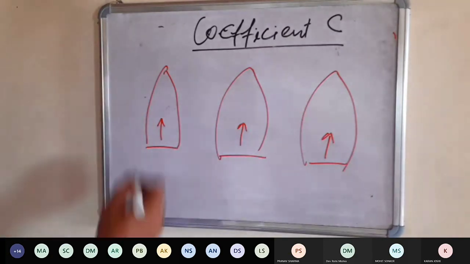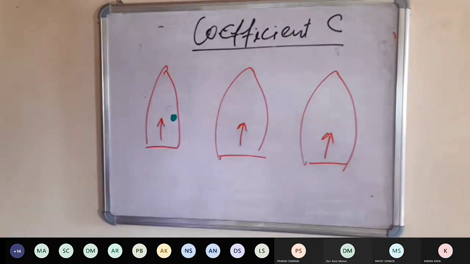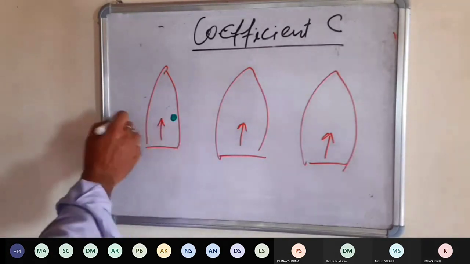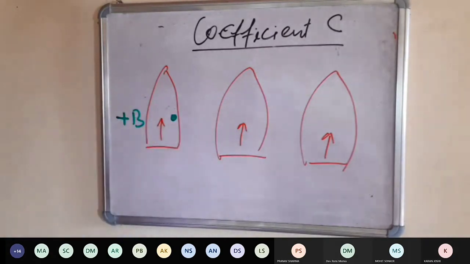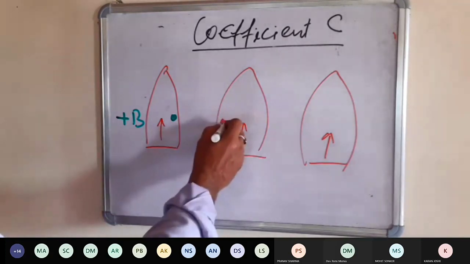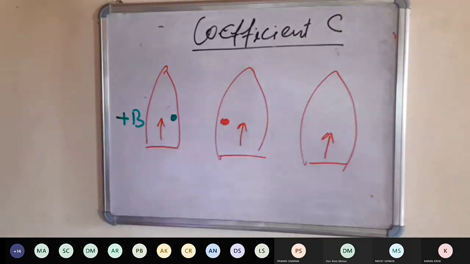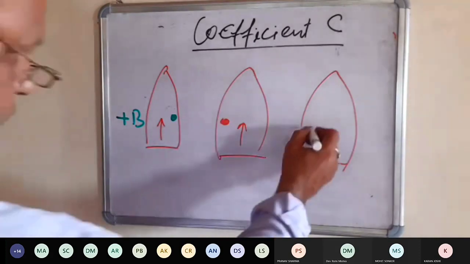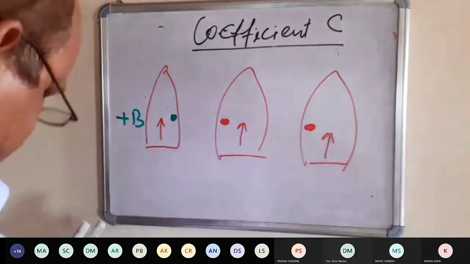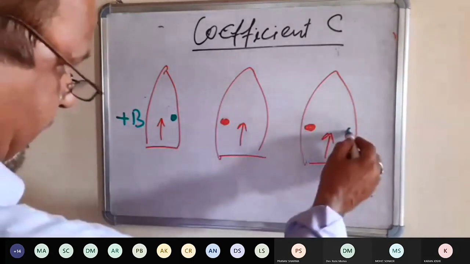We can have a blue pole here. This is going to be plus B. Or we can have a red pole at this place, or we can have a red pole here and a blue pole here.